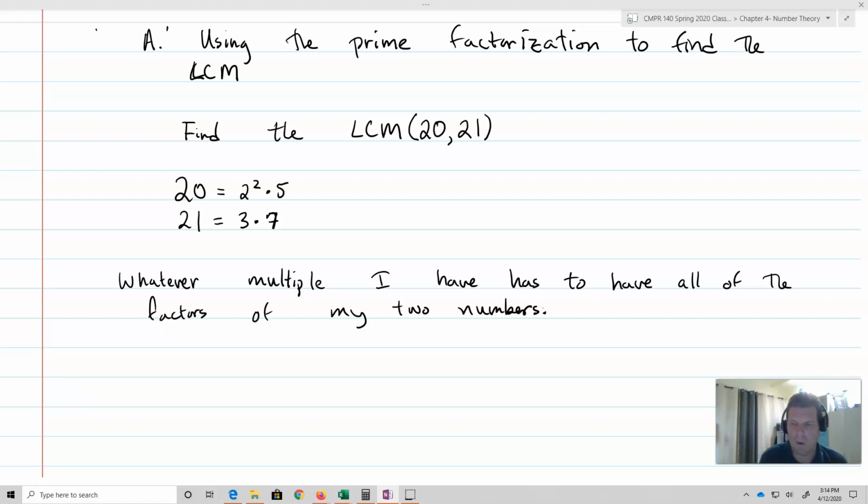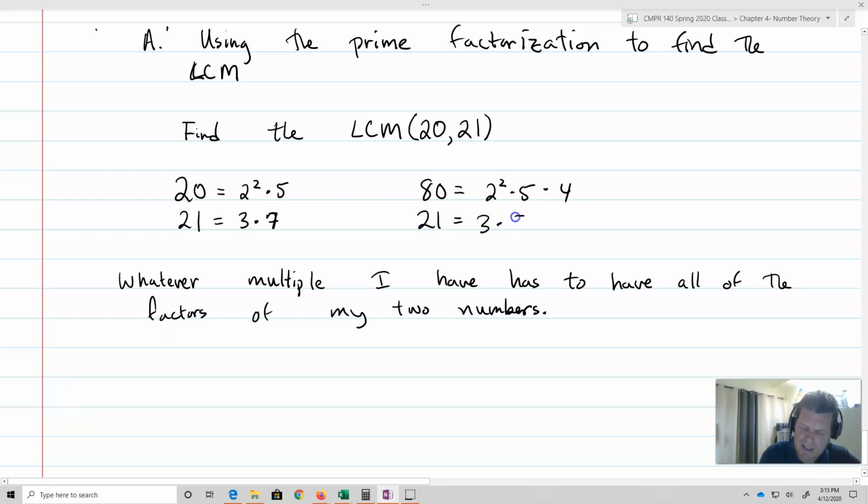Basically, it's like 21 is 3 times 7 times something else, right? 20 is equal to 2 squared times 5 times something else, right? Say, for example, 80 is just equal to 2 squared times 5 times 4. And 84 is going to equal 3 times 7 times 4.